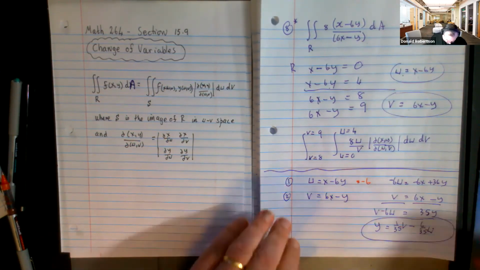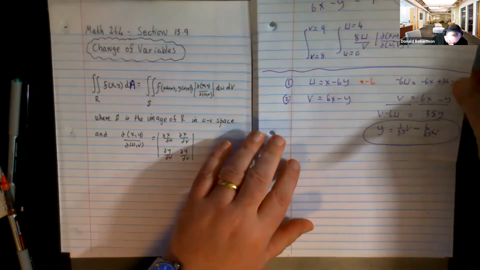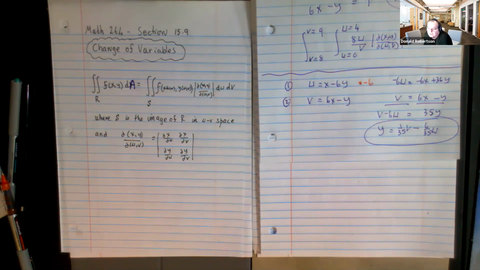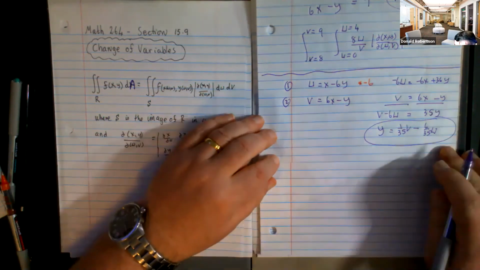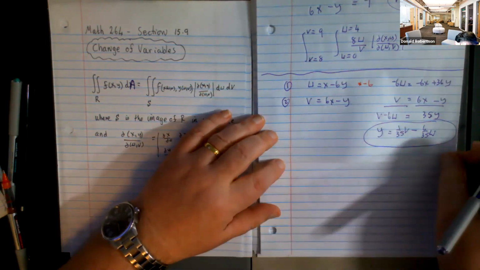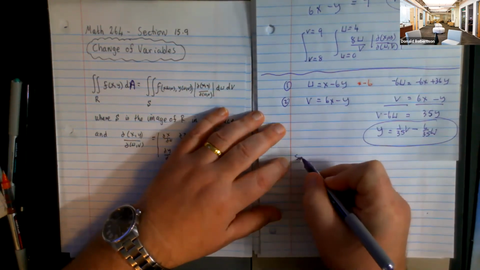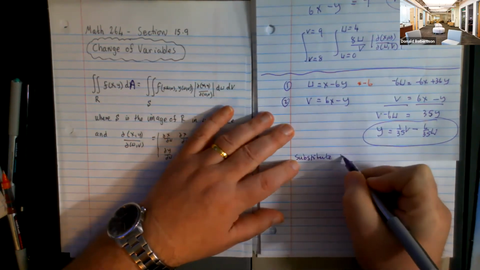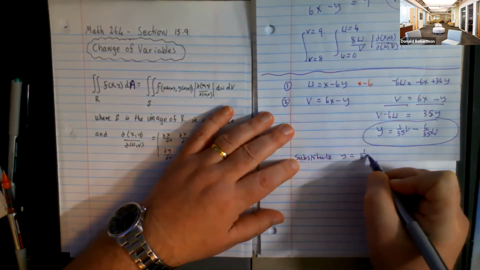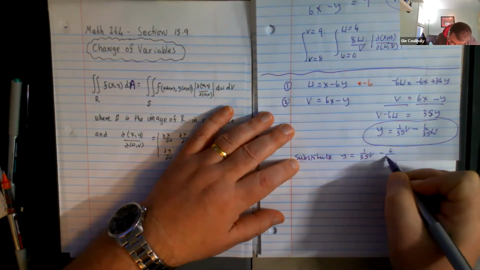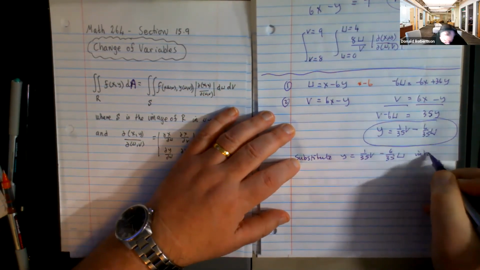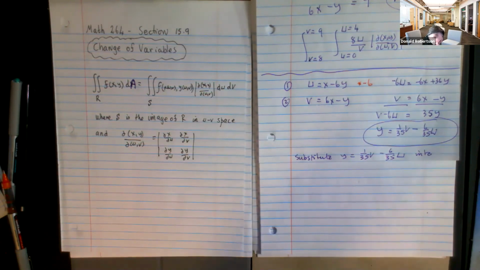Now I know what y is. How will I figure out what x is? Just plug it back in. So I could substitute what I know about y into equation 1 or 2, and does it really matter which one I substitute it into?